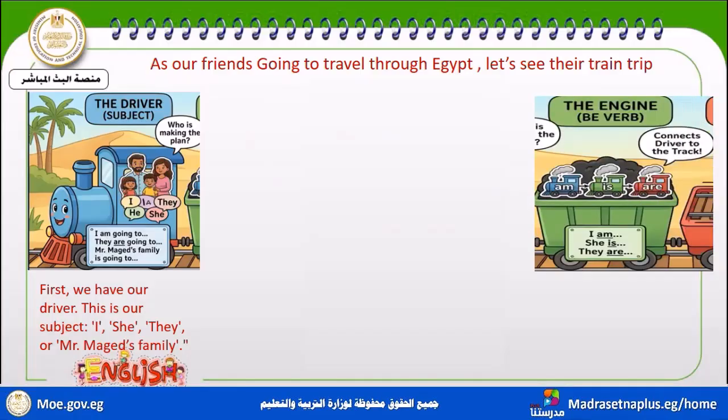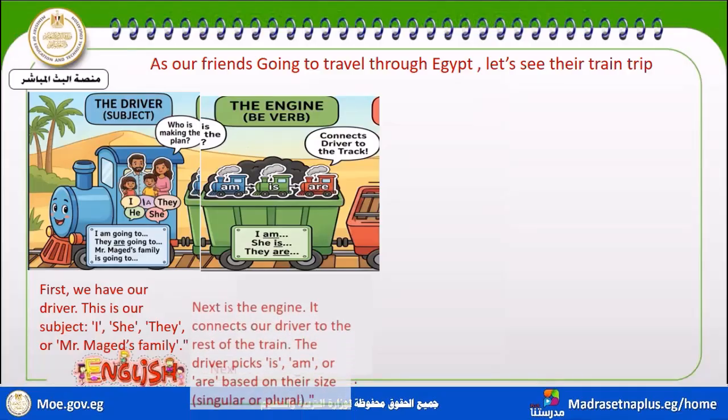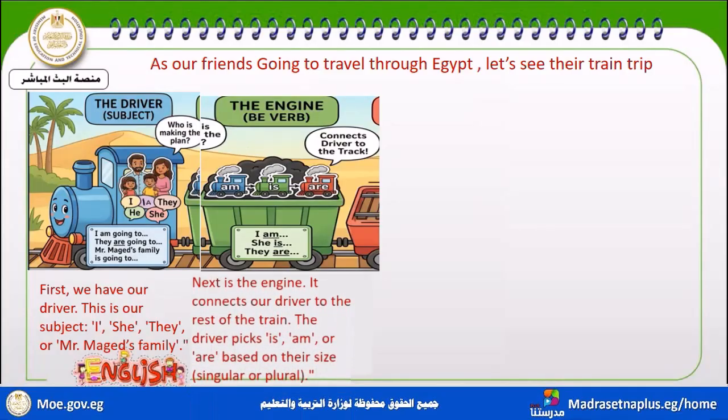This is the person who moves the train, who drives it. So we have first the subject, and then we have the engine. No train can walk without an engine. What is the engine here? The engine is the verb to be, which can be am, is, or are. The engine connects the driver to the rest of the train, because the driver can't drive without an engine.